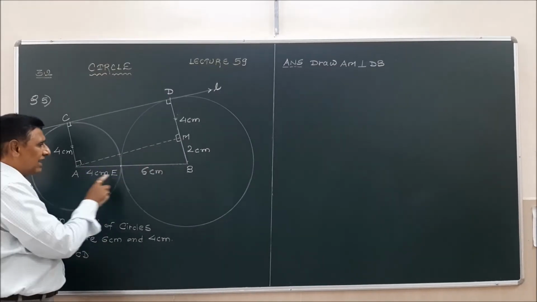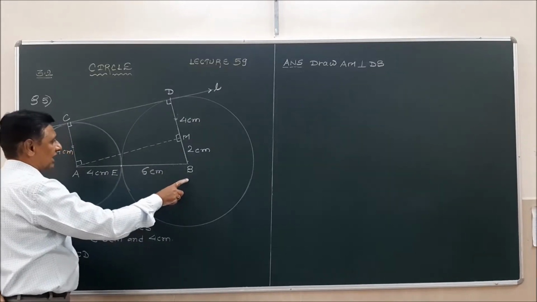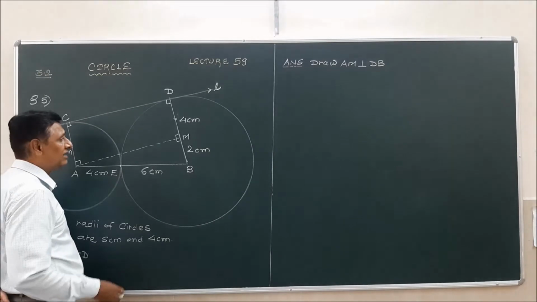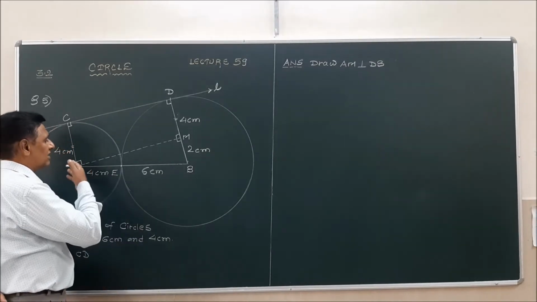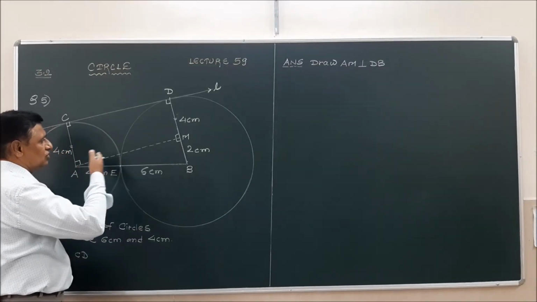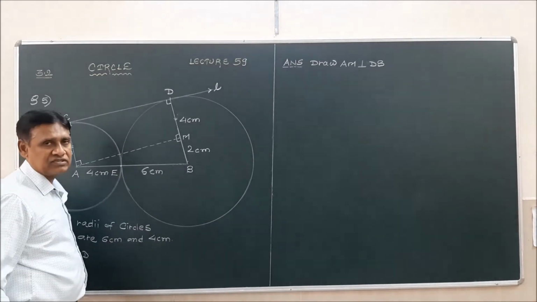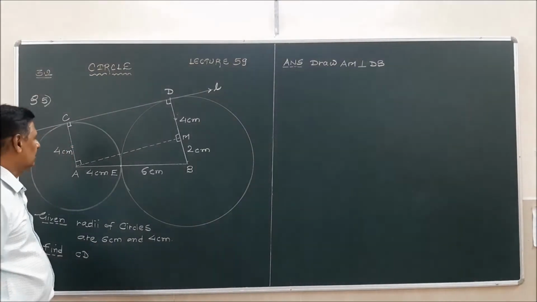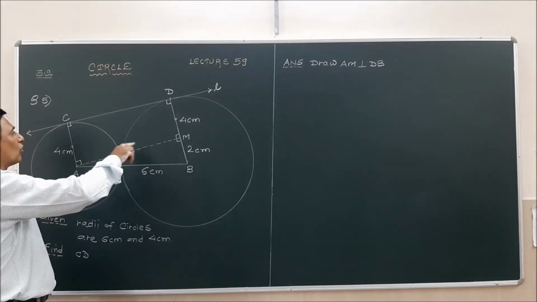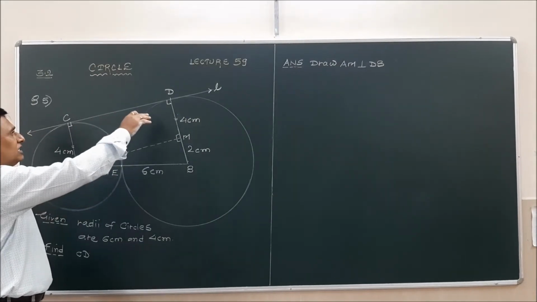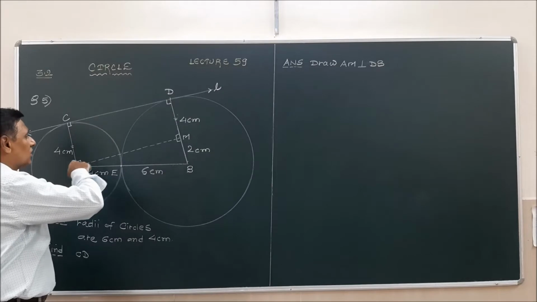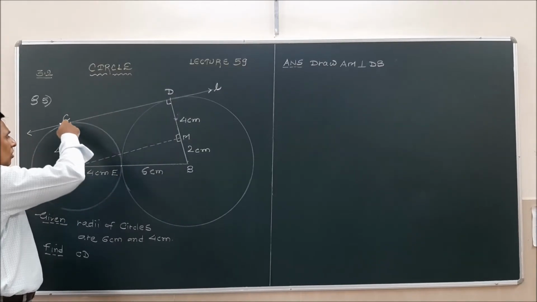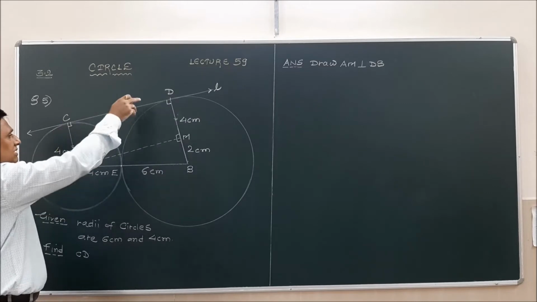So AB square, that is 10 square, minus 2 square, 4, gives 96. Square root of 96 is 4 root 6. So you will get AM as 4 root 6. So CD is also 4 root 6, because AM and CD are opposite sides of rectangle ACDM.